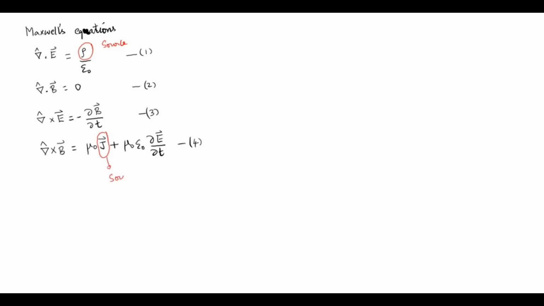So this is actually source. So here the source is charge density. Okay. Here the source is current density. And Maxwell's equation 2 and 3, there is no source term.